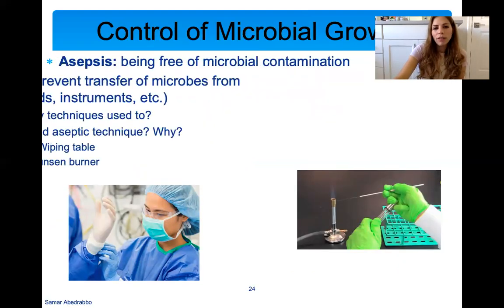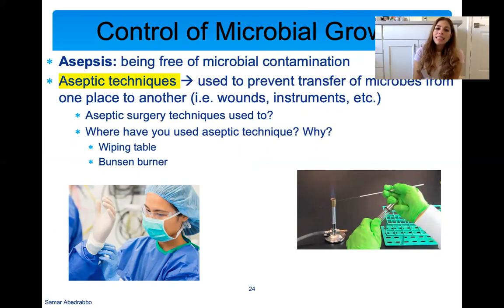So a few more terms. Asepsis means being free of microbial contamination. So in lab, we use aseptic technique, and aseptic technique is also used in hospitals, and it's used to prevent contamination. We make sure that in hospitals, when healthcare personnel are doing surgeries or doing anything with a patient, they're covered up, they're wearing gloves, they're making sure they're wearing clean masks, just to avoid any contamination.